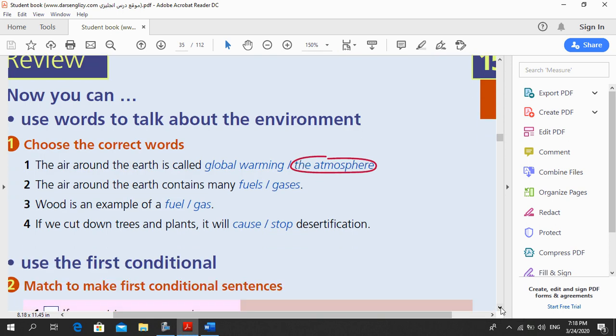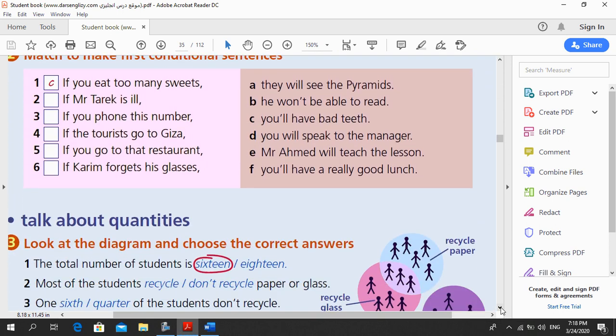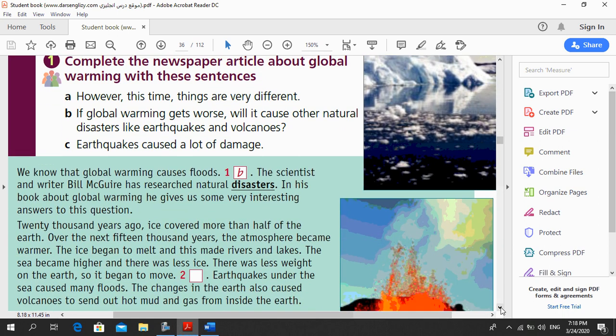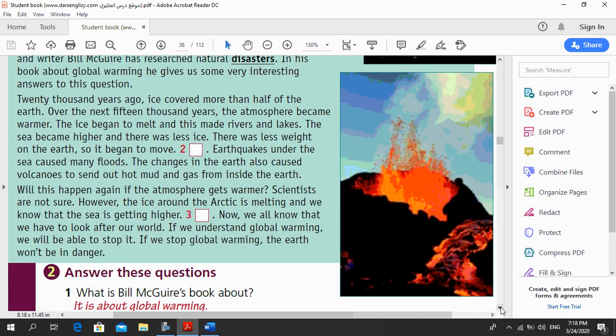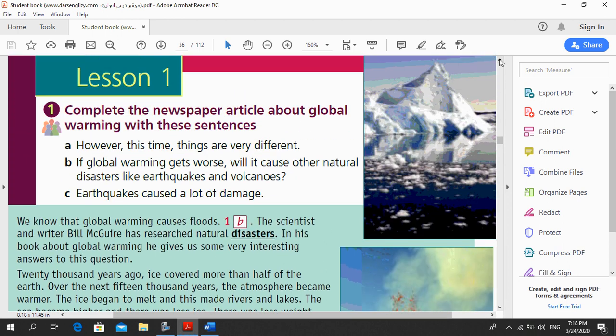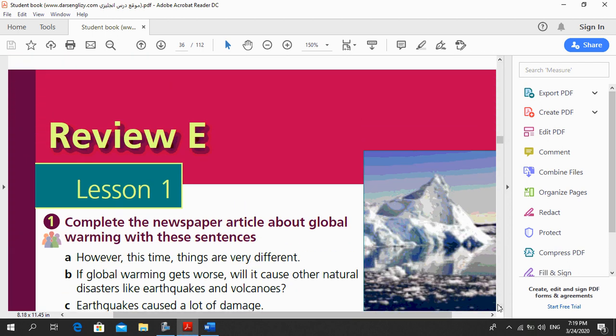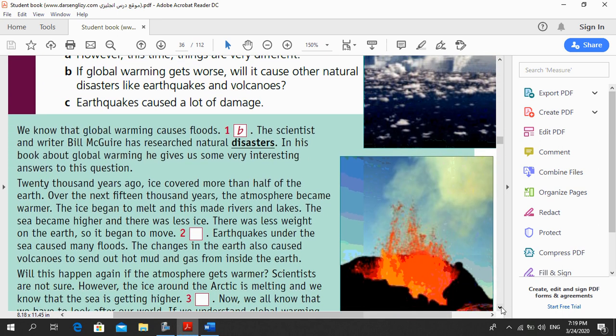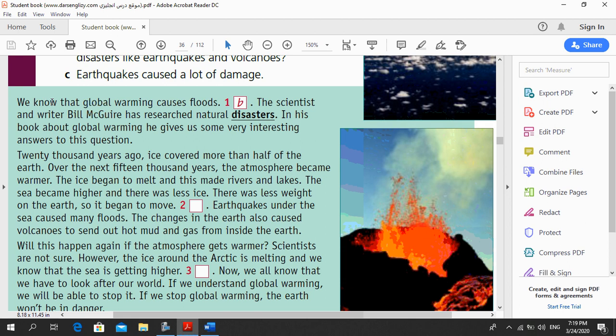Now let's go to the following unit. Before the unit, let's check the review. This is a text that talks also about global warming.